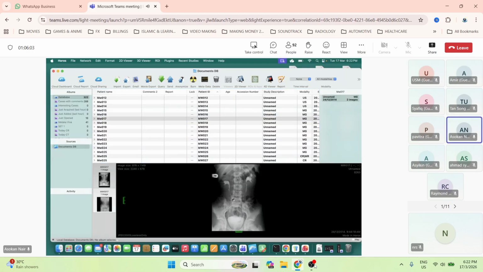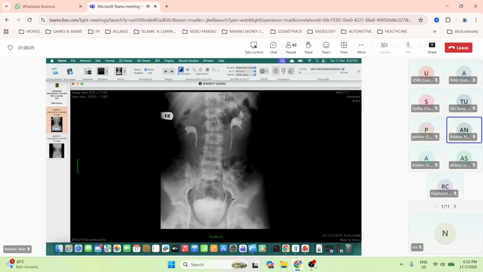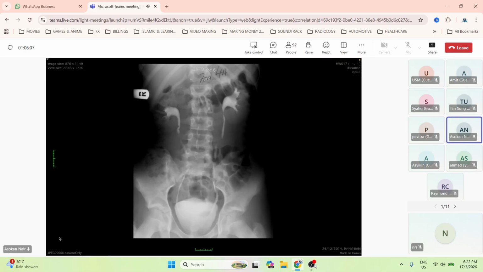Okay, now we have gone through this, so now somebody who's doing this should get it right. Okay, who wants to try? Datuk, this is Eugene from UM. Here's an image of an IVU in the excretory phase. There is the right and left renal pelvis with contrast filling into the ureter down to the urinary bladder.